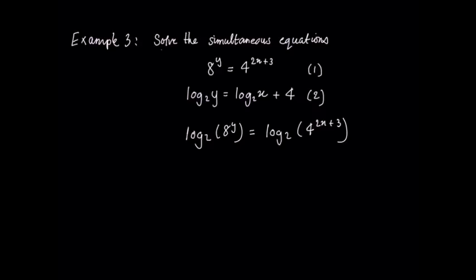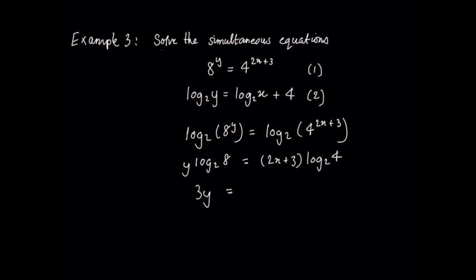We can now write this as y log to the base 2 of 8 is equal to 2x plus 3 multiplied by log to the base 2 of 4. But log to the base 2 of 8, well, that's going to be 3, isn't it? Because 2 cubed is 8. So the left-hand side will be 3y.